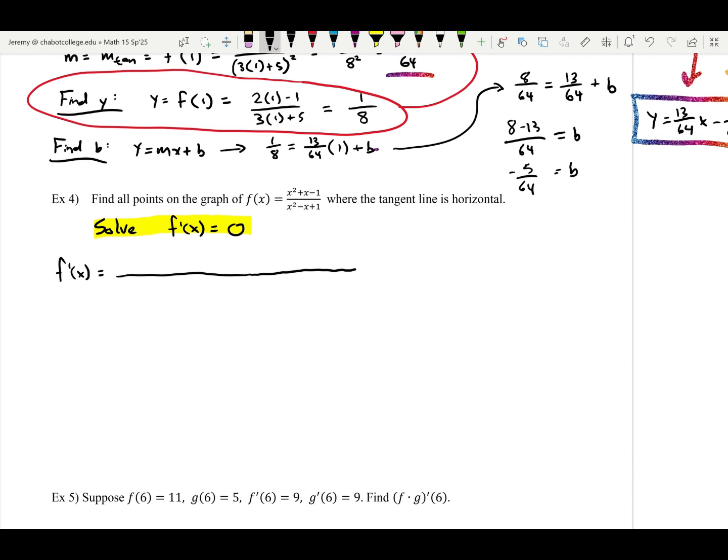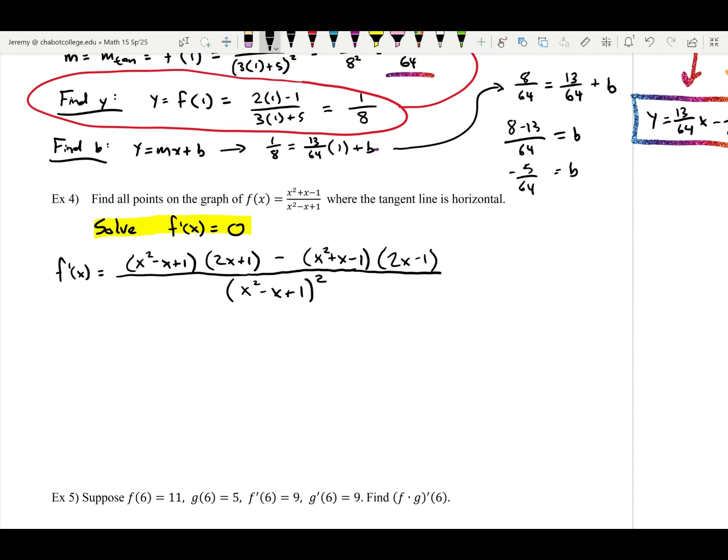So let's do low d high, so that'll be x squared minus x plus 1 times the derivative of the top, 2x plus 1, minus high d low, x squared plus x minus 1 times 2x minus 1. And then square the bottom and away we go. So x squared minus x plus 1 all squared.